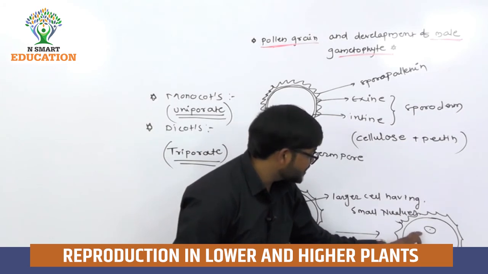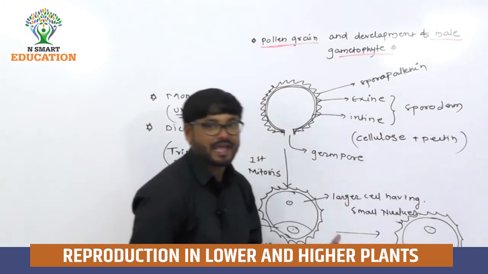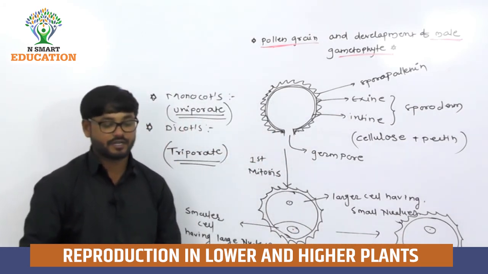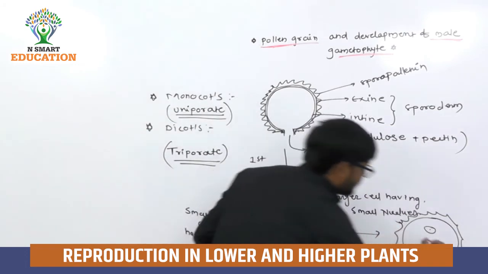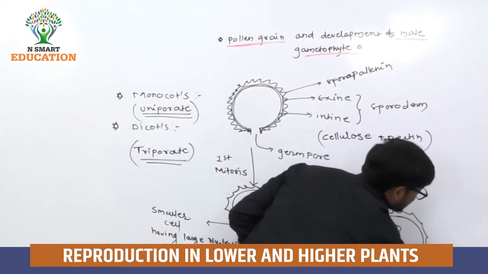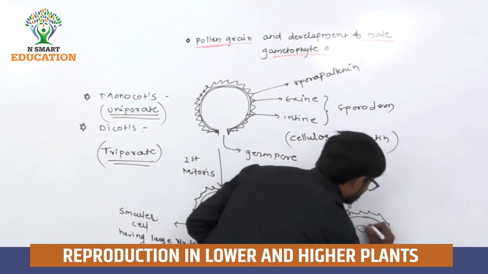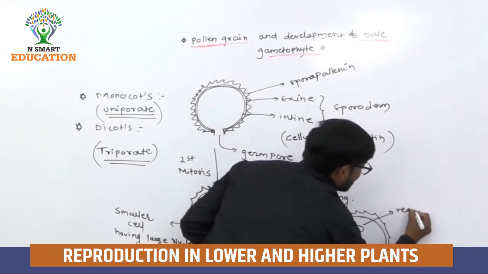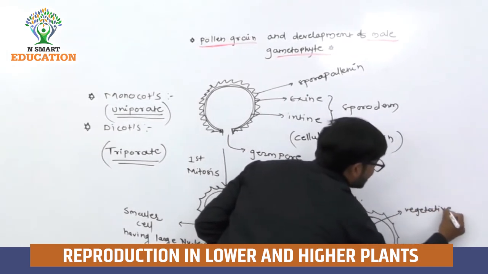Okay, so that means one is generative cell and one is that is a vegetative cell. So this cell it is called as the generative cell. इसको क्या बोलोगे, generative cell and this cell is called as the vegetative cell.